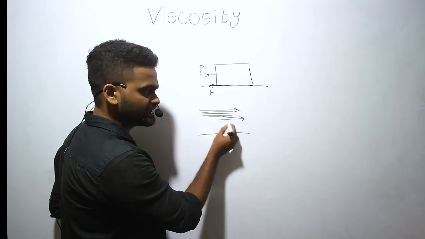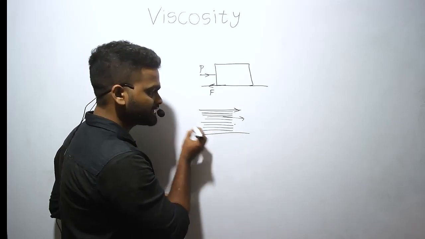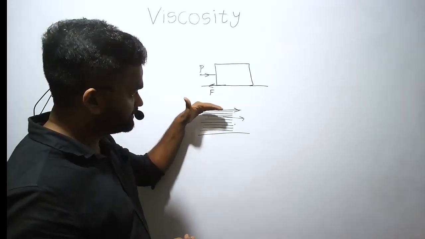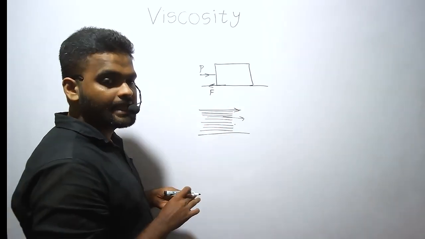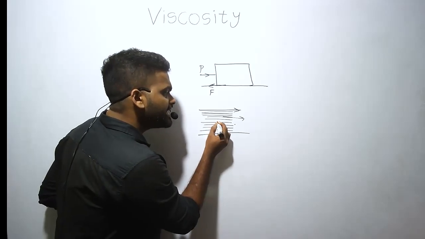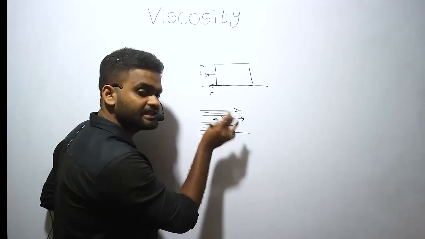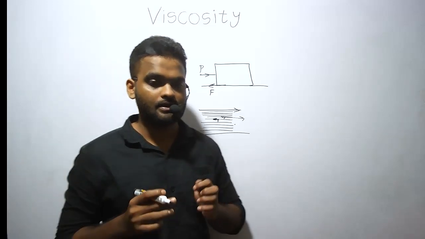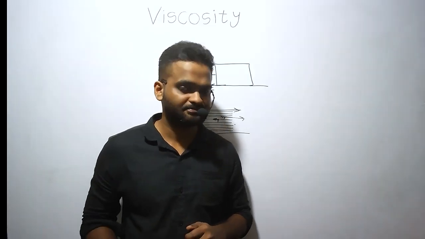These are hypothetical layers, right? You can hypothetically separate that liquid flow into layers. Then between these layers, there is friction. So in this lesson, that is what we are talking about. Friction between liquid layers, okay?